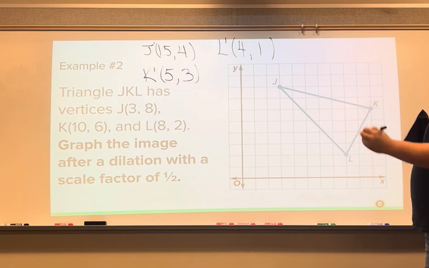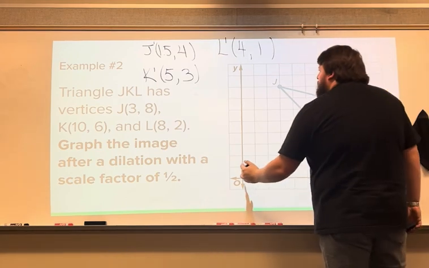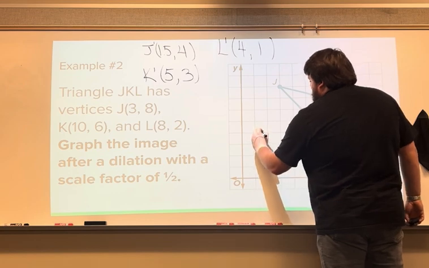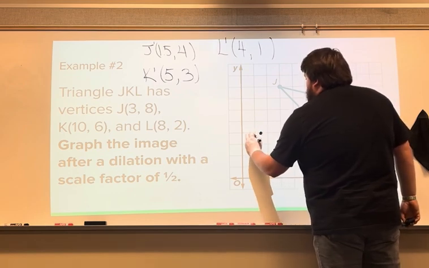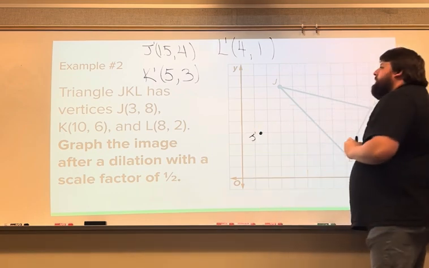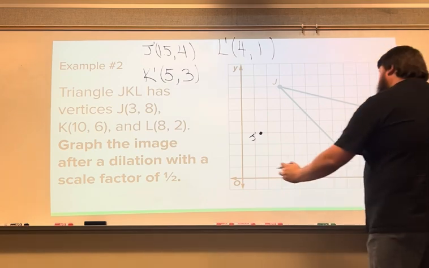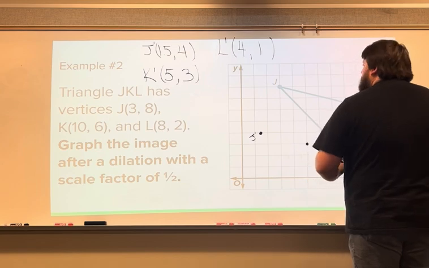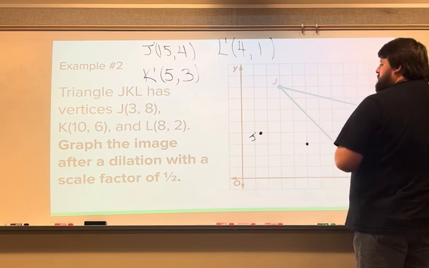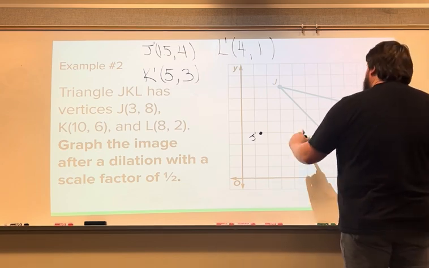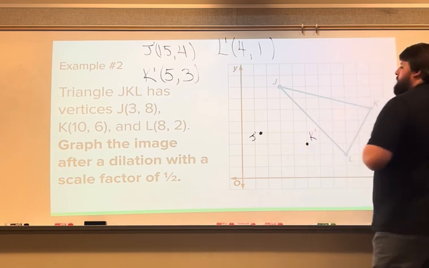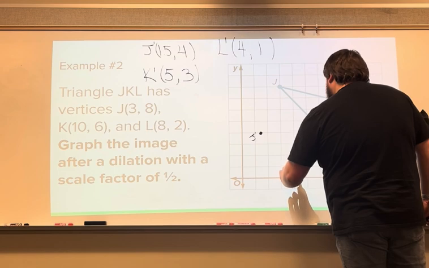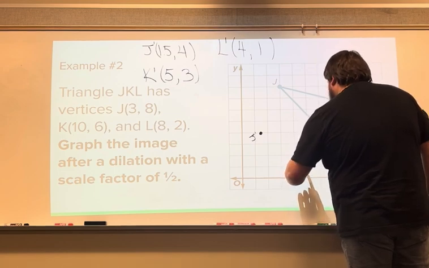So I go ahead, I'll graph my points. So 1/2, 4 will be roughly here for J prime. K prime is at 5, 3, so 5, 3. Then L prime is at 4, 1, so I have 4, 1.